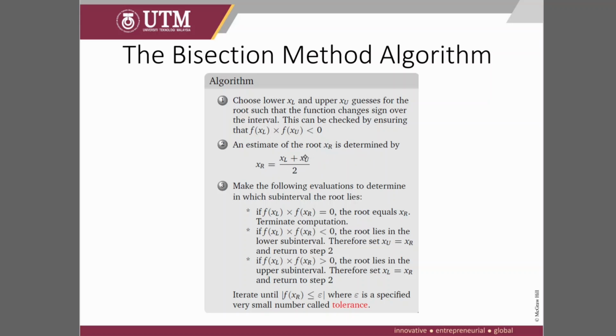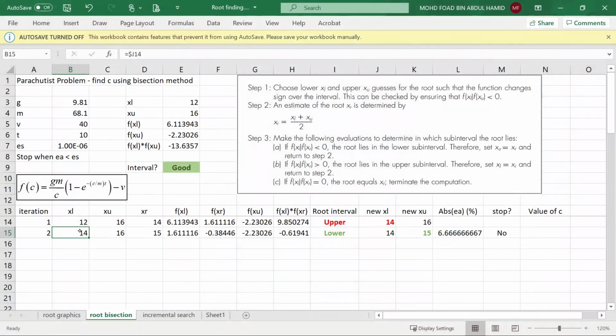In this case, 12 plus 16 divided by 2, which is 14. If you take a look at my spreadsheet again, this is B14 plus C14 divided by 2.